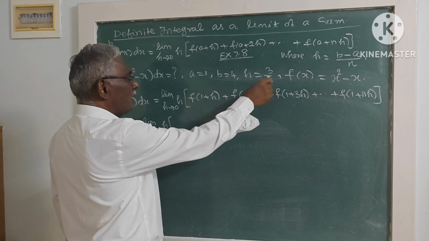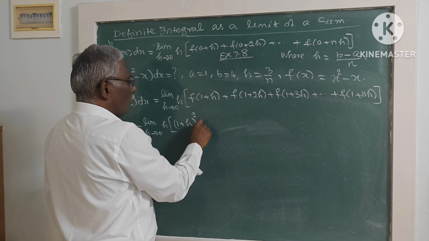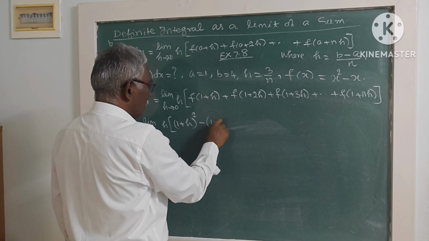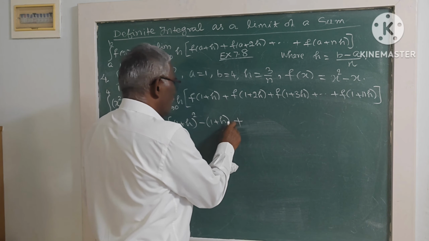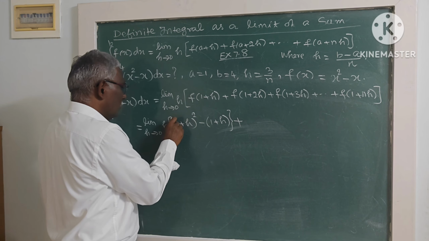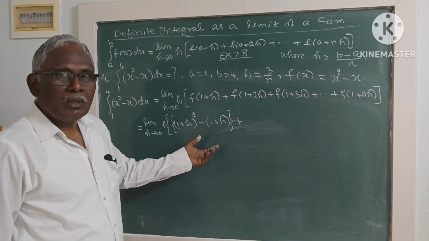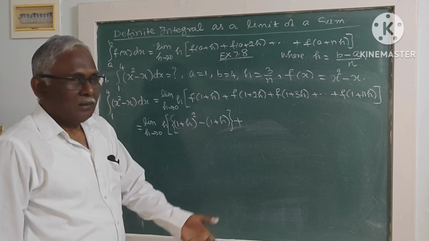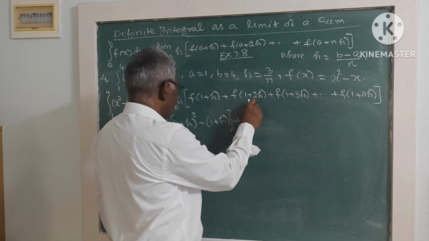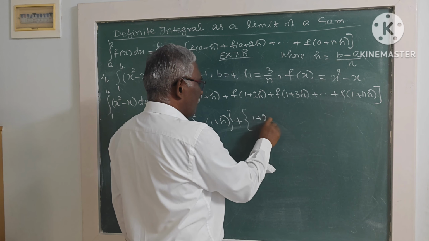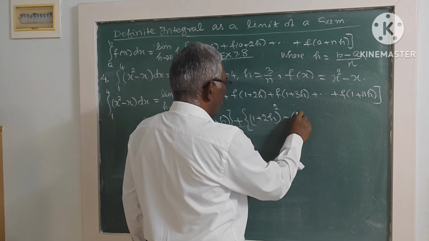Square of that is (1 plus h) whole square minus (1 plus h). Plus, this is for the first term. We should not simplify. I will tell you the reason why. So this is equal to, again, (1 plus 2h) whole square minus (1 plus 2h).